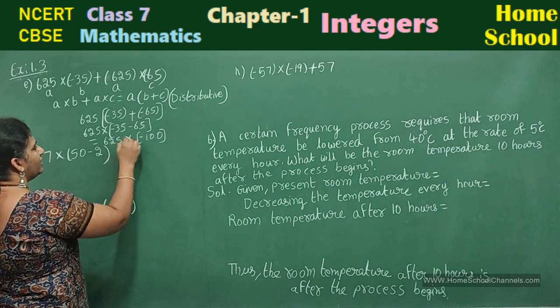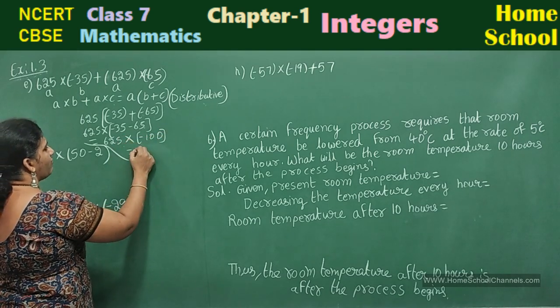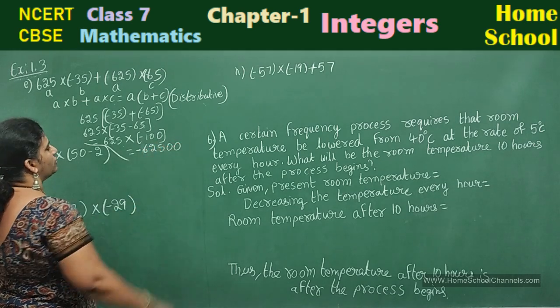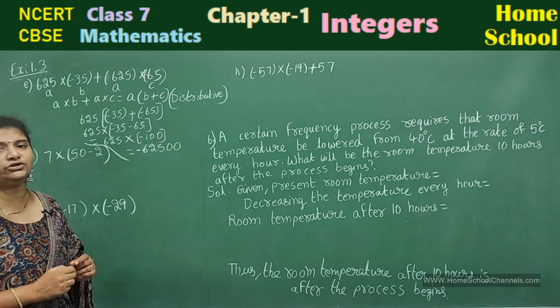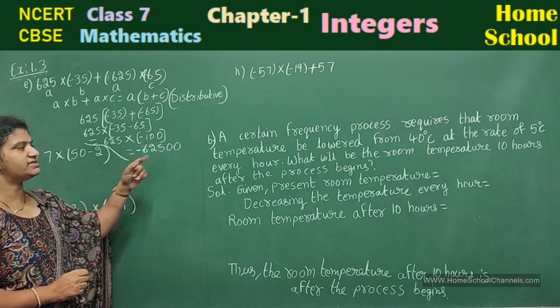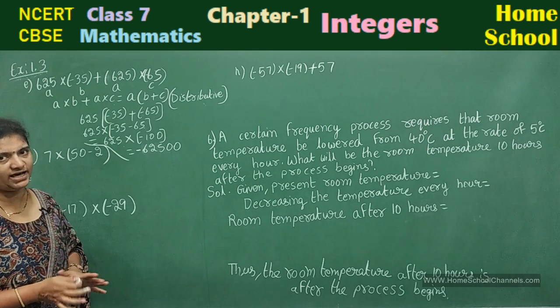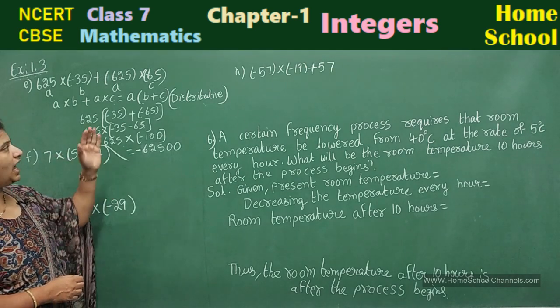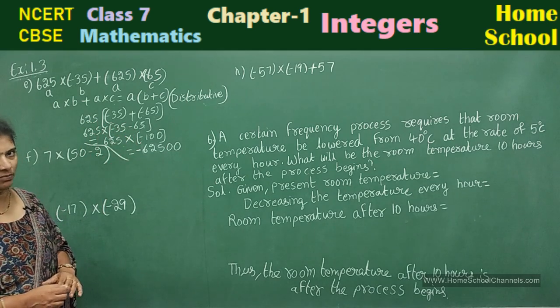Minus 100. If you multiply, it will be minus 62,500. That is minus 62,500 is your answer. Find the product by using a property. I have used here the distributive property.